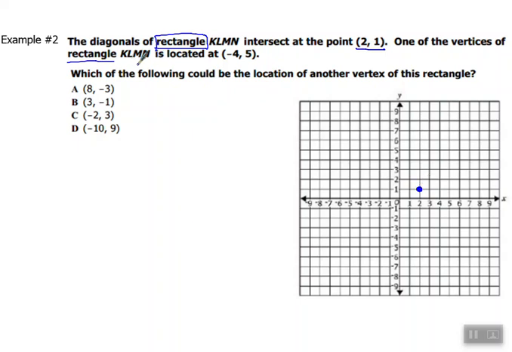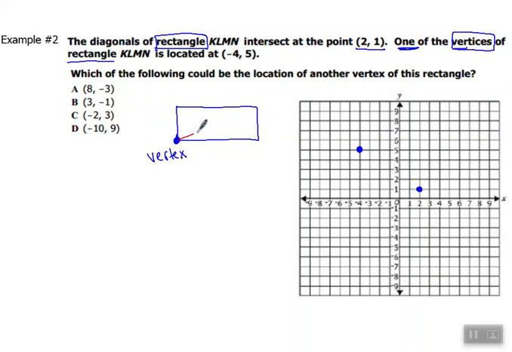And the vertices, one of the vertices, so in a rectangle, the point where two sides come together, that's called the vertex. So -4, 5 is one of the vertices. This is where the diagonals intersect.